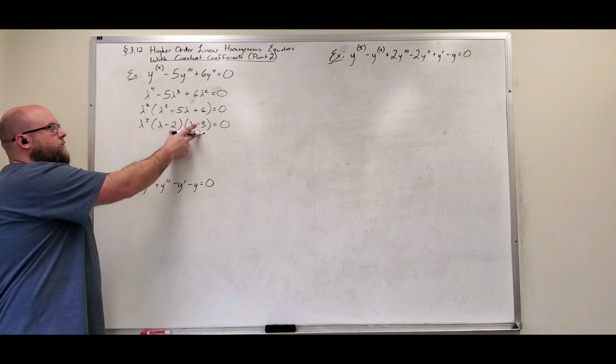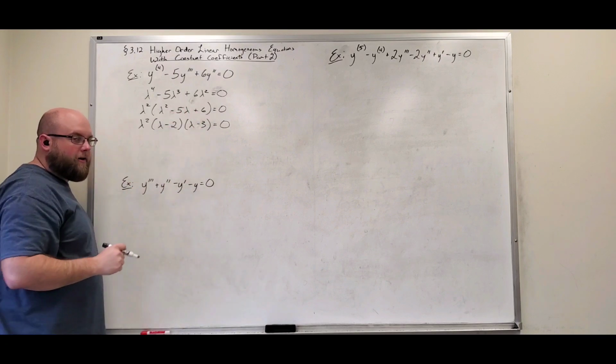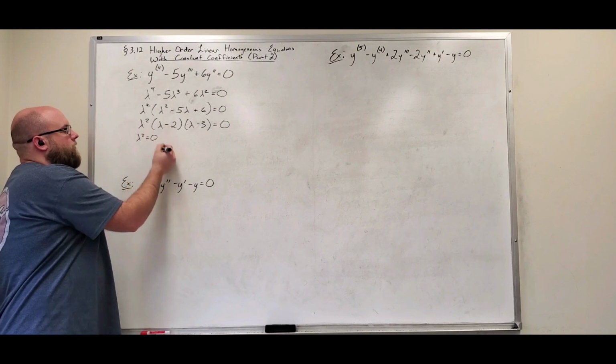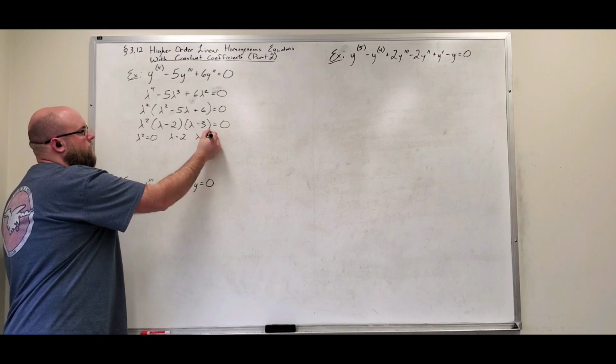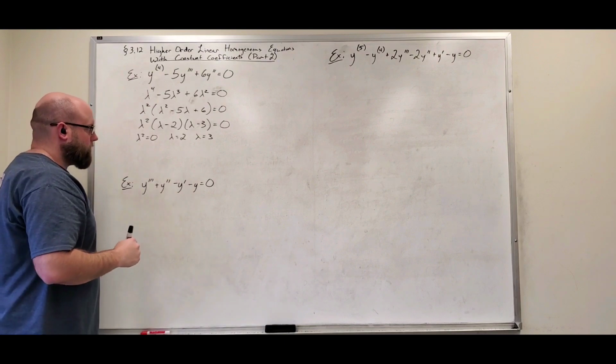And again, just to double check that, we add these two together, we get negative 5, multiply them, we get positive 6. All right, so notice I get lambda squared is equal to 0, lambda is equal to 2, and lambda is equal to 3. Notice we have a repeated value here.